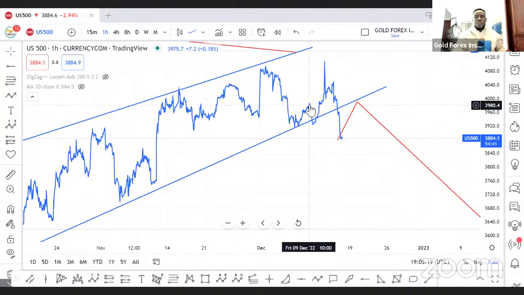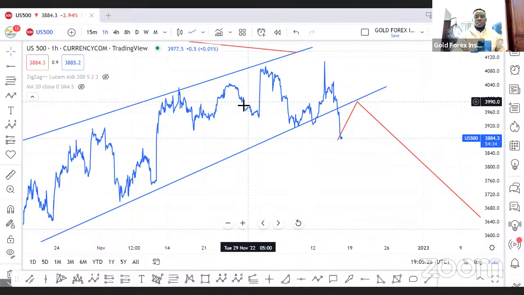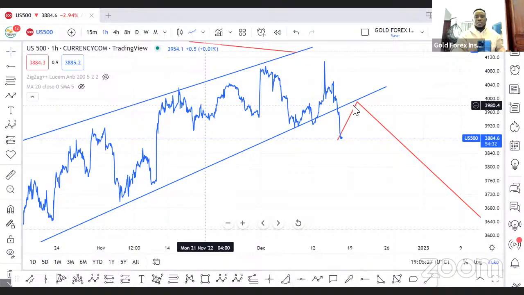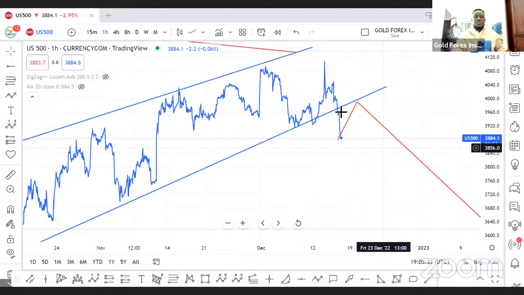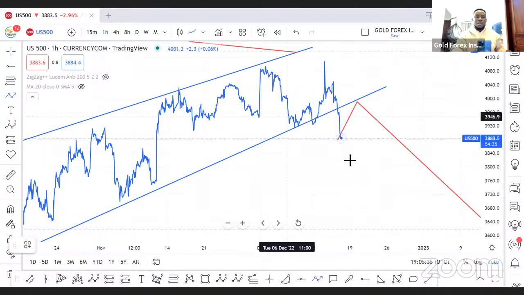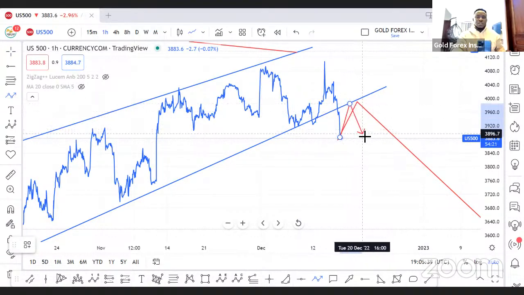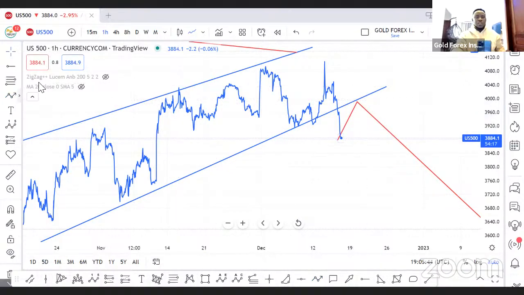Maybe this will be a pivotal point. Or you can touch here, touch here, touch here. Maybe it can come here. That one would have formed, maybe it can form this, or any of the corrections.